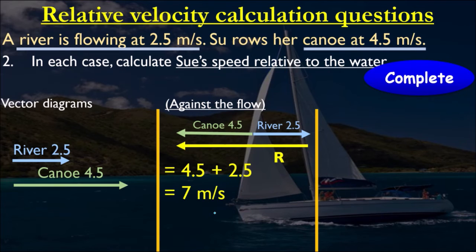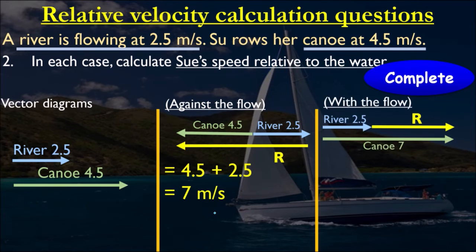If we're looking at the canoe when it flows with the river, according to the perspective of the river, the canoe looks to be traveling a bit faster than it, right? Partly because Sue is rowing her canoe at 4.5 meters per second, but also it's being contributed by the flow of the river, because the river is making Sue move at 7 meters per second overall.